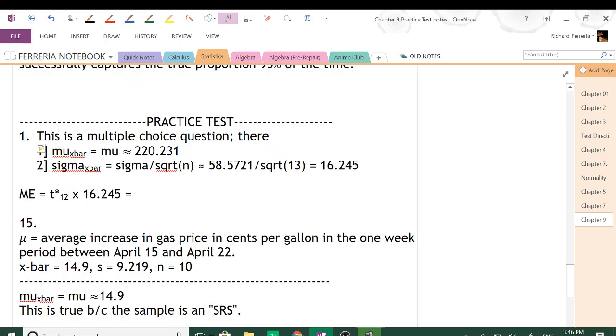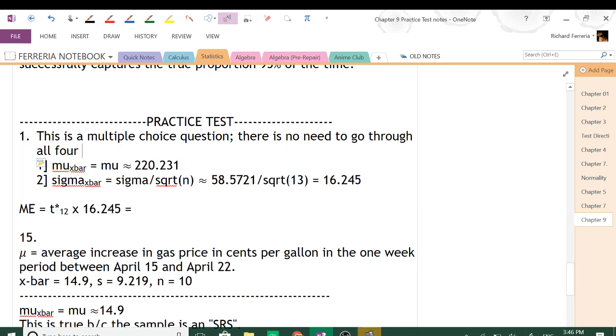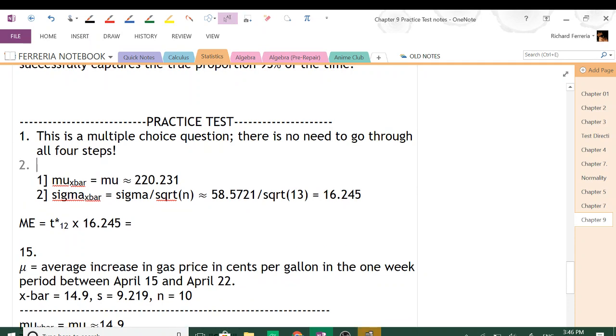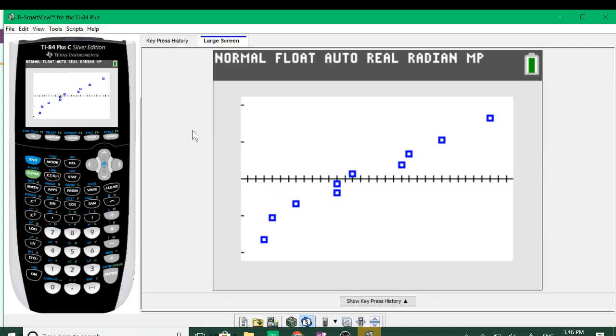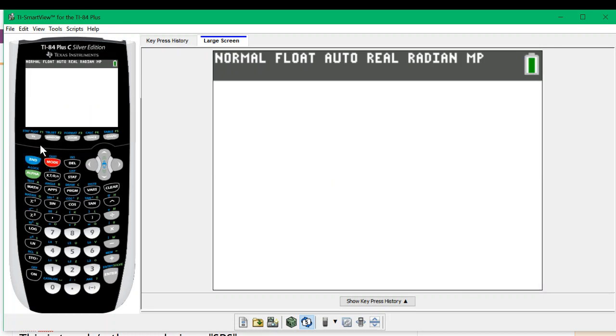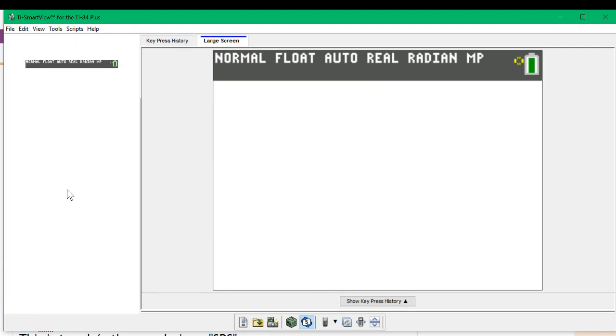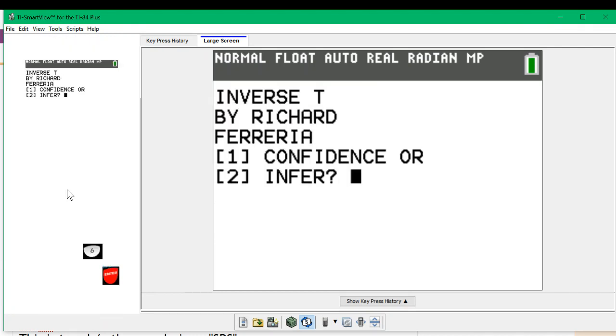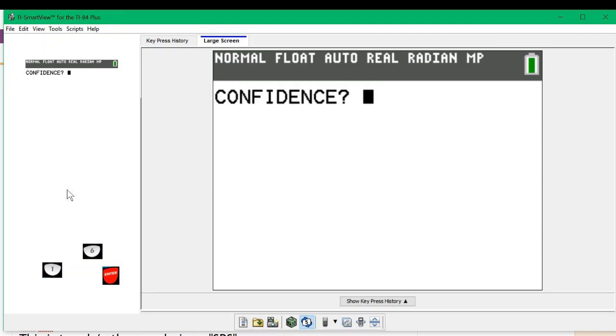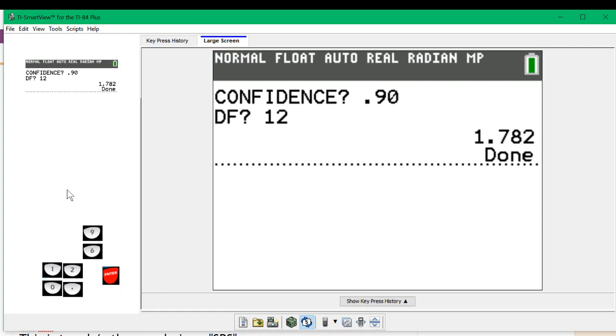There is no need to go through all 4 steps. Okay, so what do we need? We need inverse T. Inverse T of, yeah, confidence interval. We want a 90% confidence interval. We have degree of freedom, it's 12. So that's 1.782.